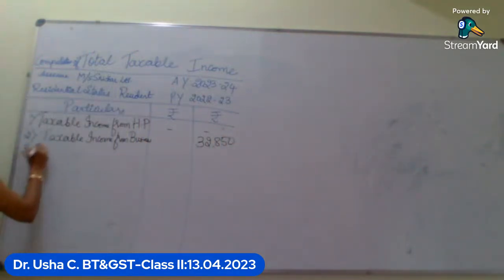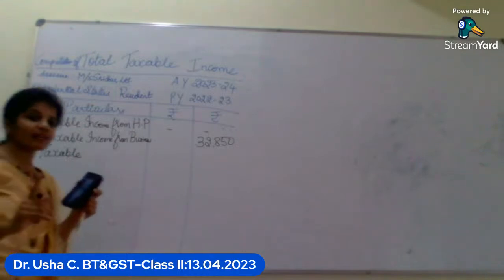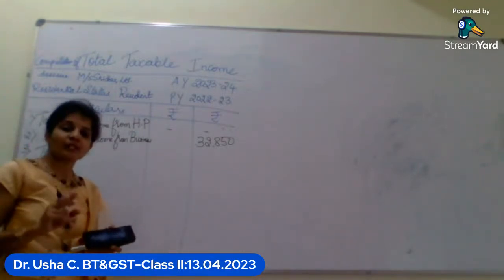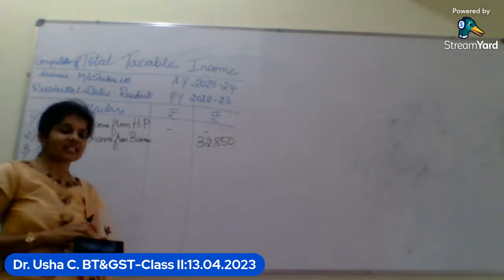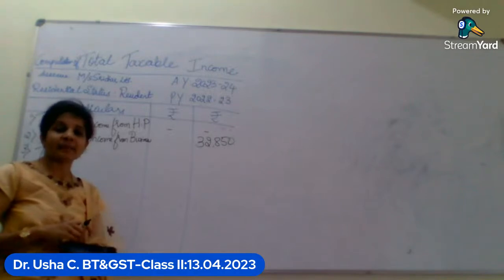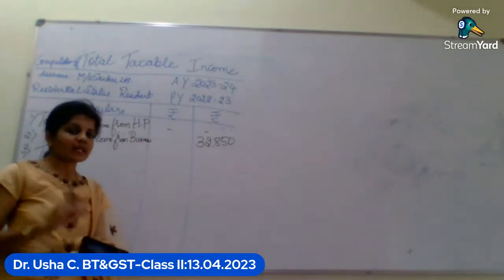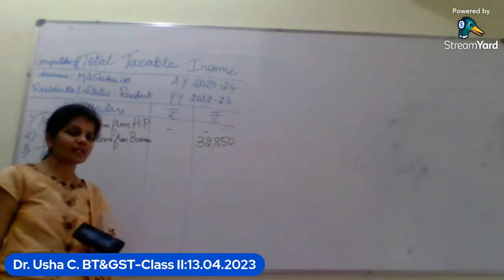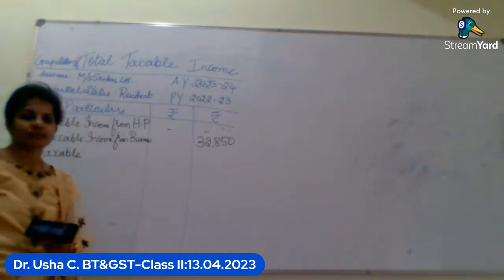And the third one is taxable capital gain. There is only one piece of information relating to the taxable capital gain. Just look into the credit side of the profit and loss account, which we considered under the head business as non-business income. One item is there. Which is that item? Can anyone tell me, relating to the capital gain?